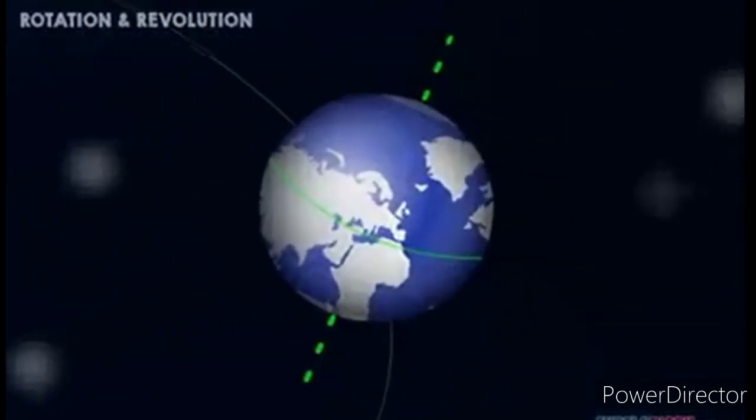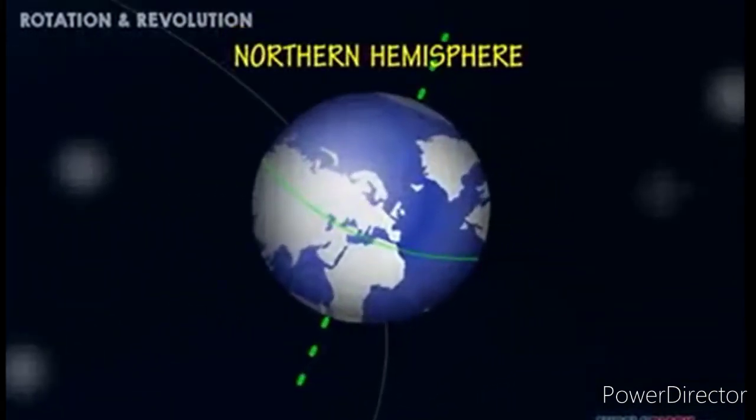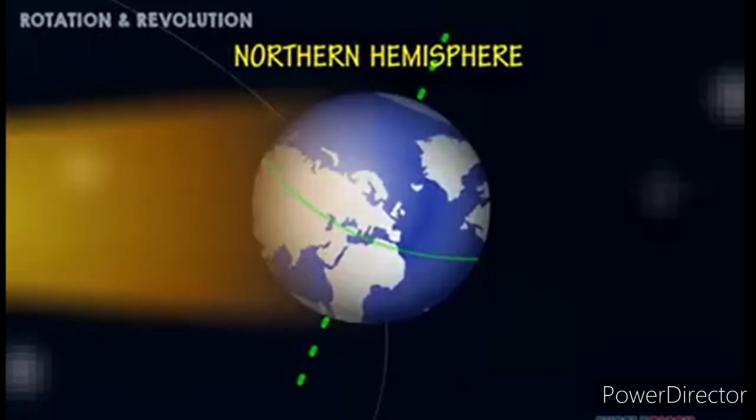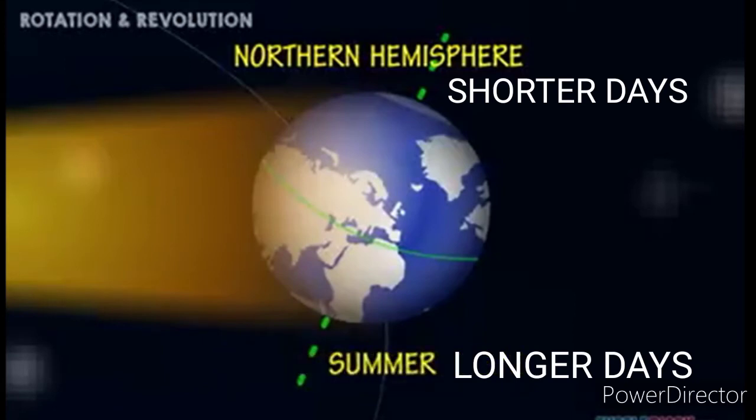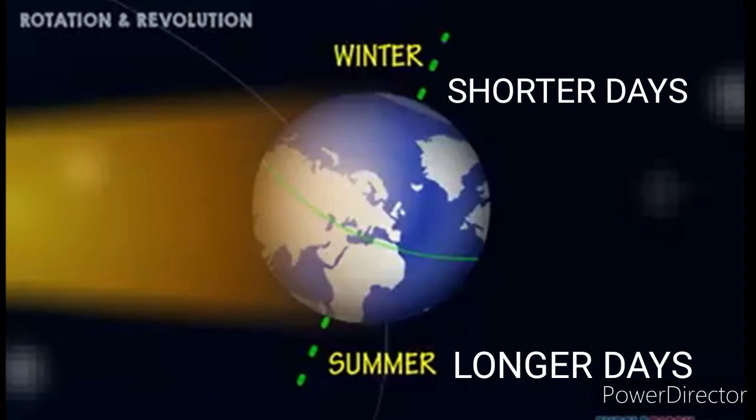In January, the northern hemisphere is tilted away from the sun, so it doesn't get much heat and light from the sun. The southern hemisphere gets more heat and sunlight. So, the southern hemisphere has longer days and the northern hemisphere has shorter days.